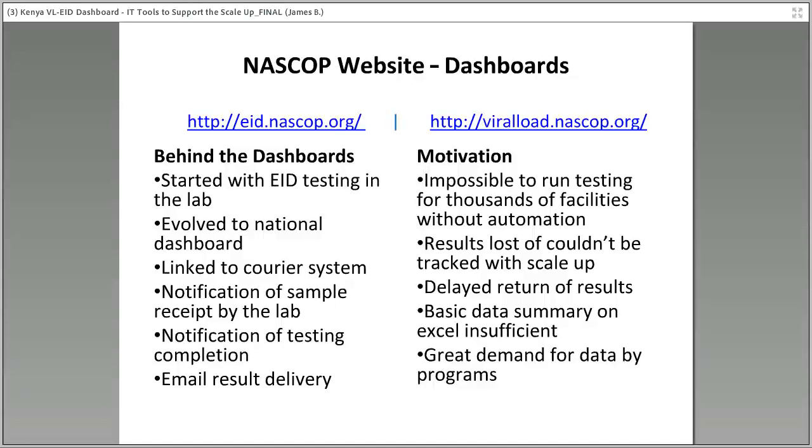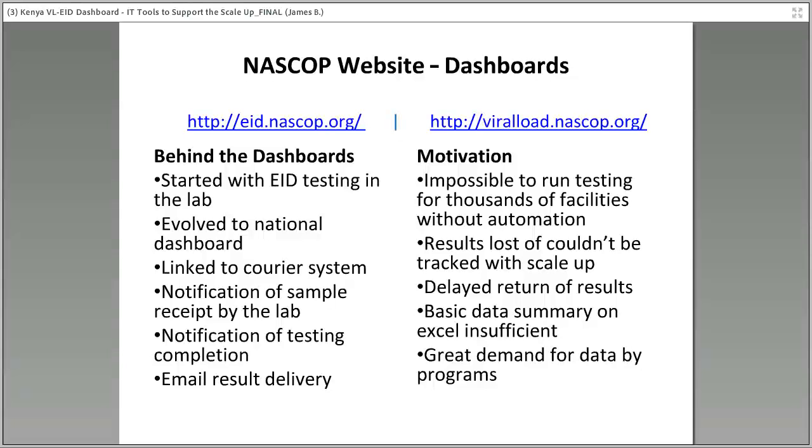So testing became a big challenge in the lab. Because we had designed the system to help with the testing and the scheduling in the lab, we had to improve the automation and make sure that there were no losses, because in the beginning we were having issues with lost samples, with delays in results and so on.